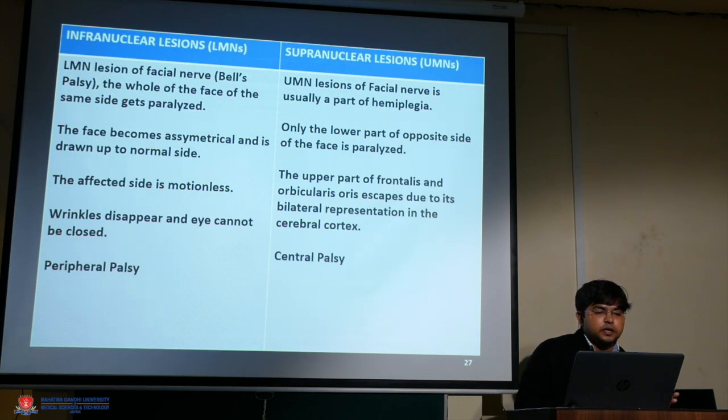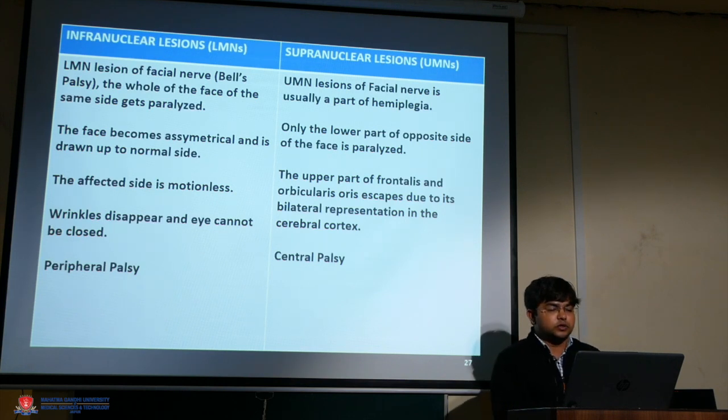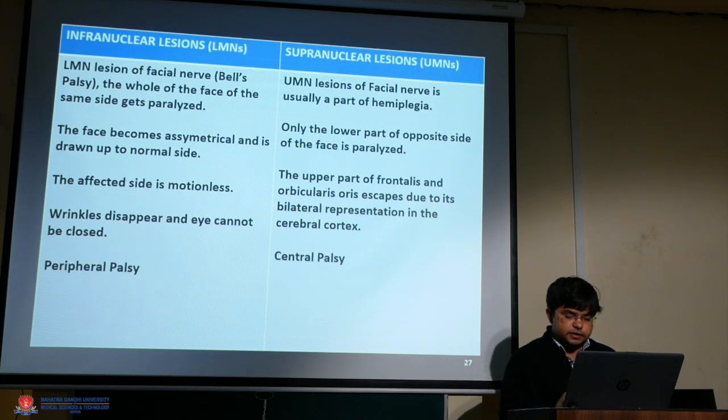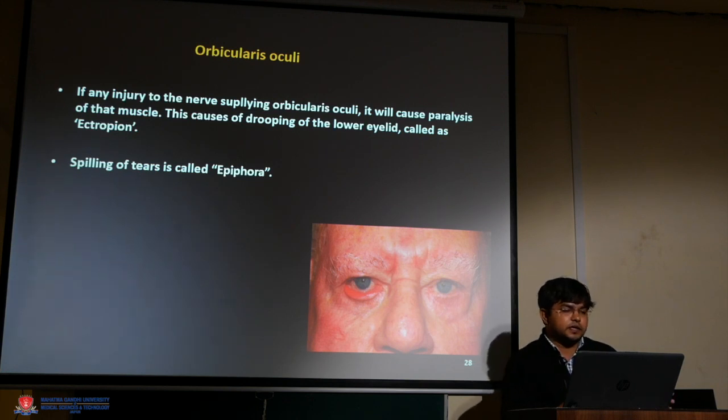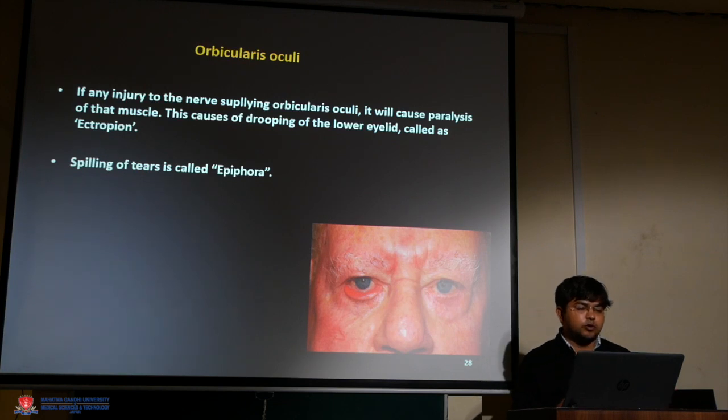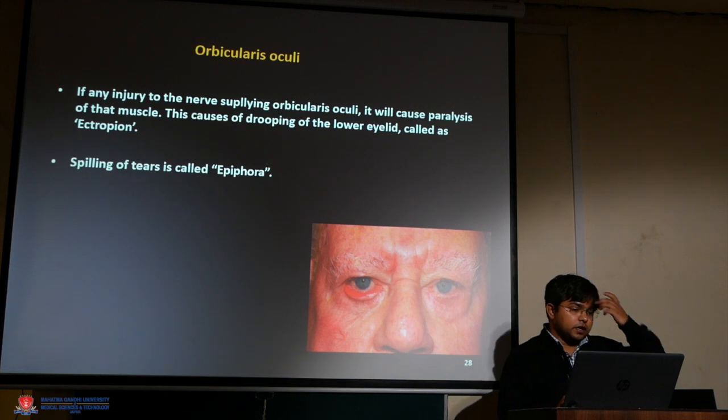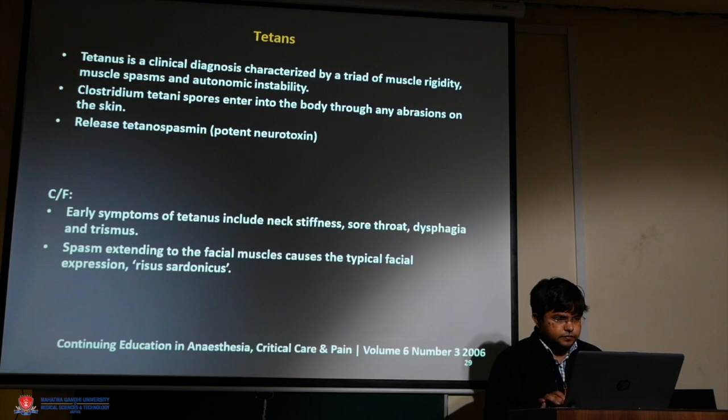Lower motor neuron palsy is also known as peripheral palsy, and upper motor neuron palsy is also known as central palsy. Regarding the orbicularis oculi, any injury to the nerve supplying it will cause paralysis of the muscle. This causes drooping of the lower eyelid, called ectropion, and spilling of tears, called epiphora.